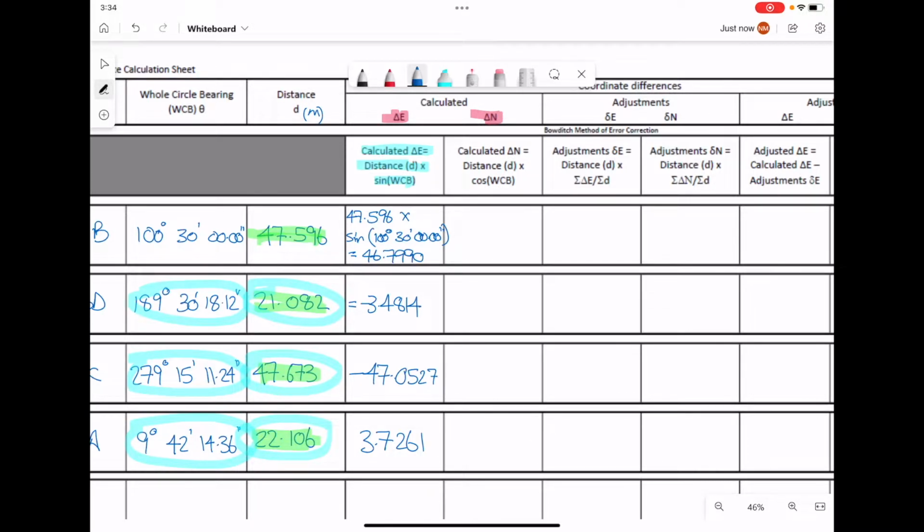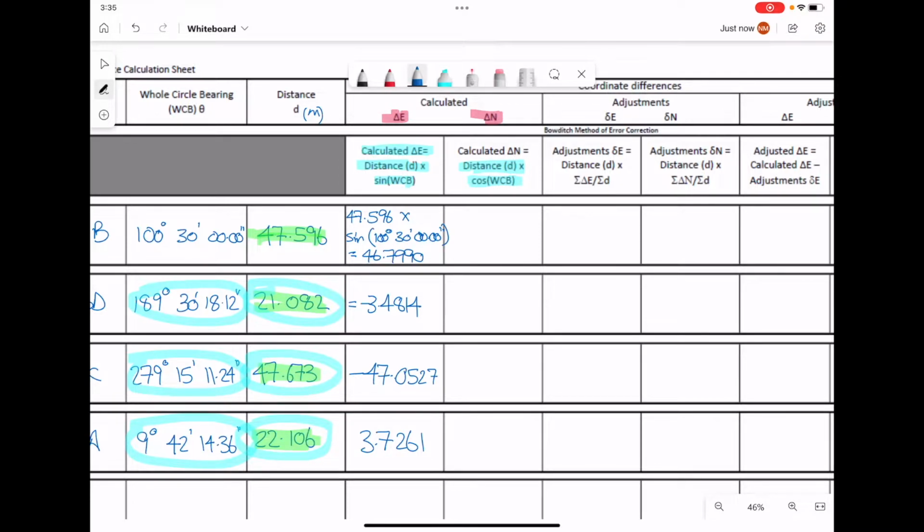The next part is to calculate the vertical component, the partial northing. For that, we're going to use the formula distance, but now it's going to be times the cos of the whole circle bearing.